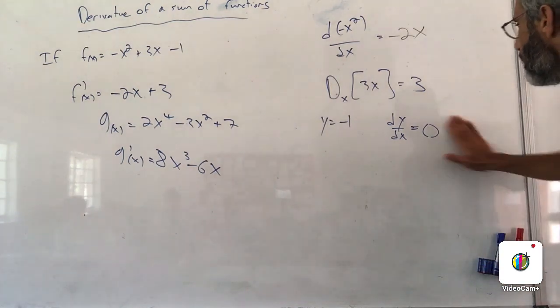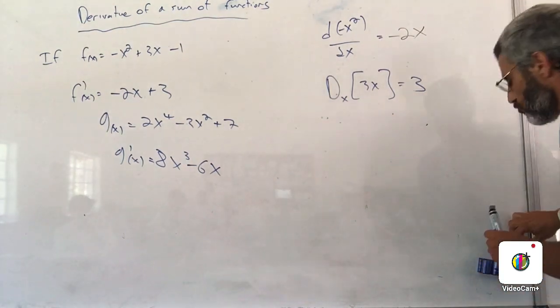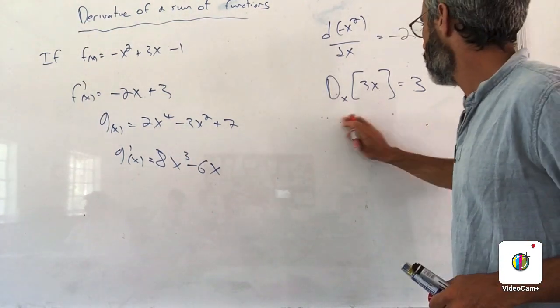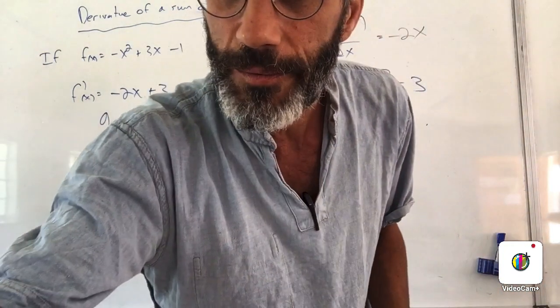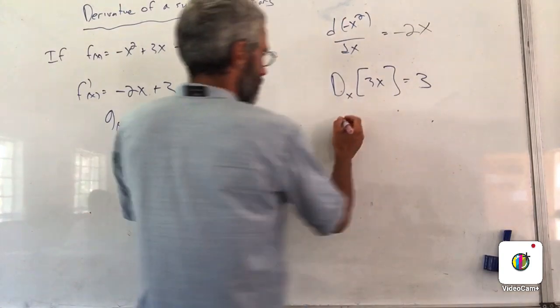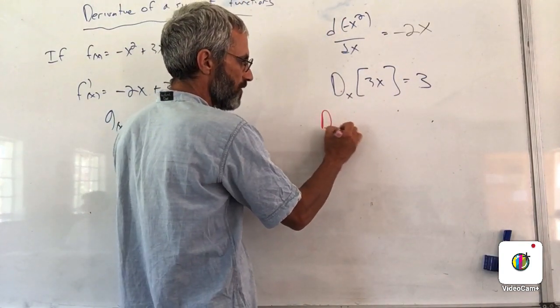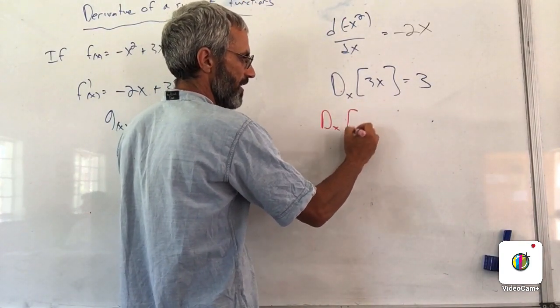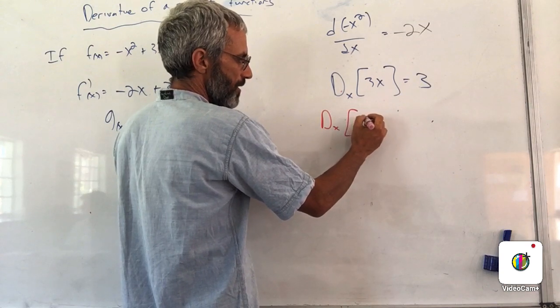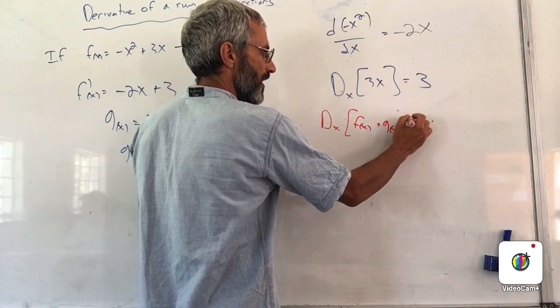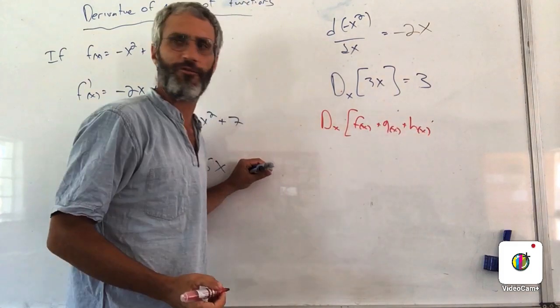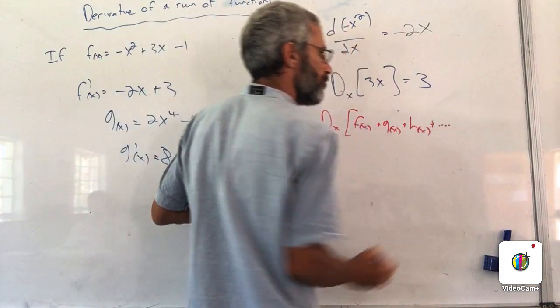I'm going to write this down as a rule, the way they write it in the textbook. If I ask to find the derivative of f of x plus g of x, we can even have h of x. We can add 3 things, and we can have more.